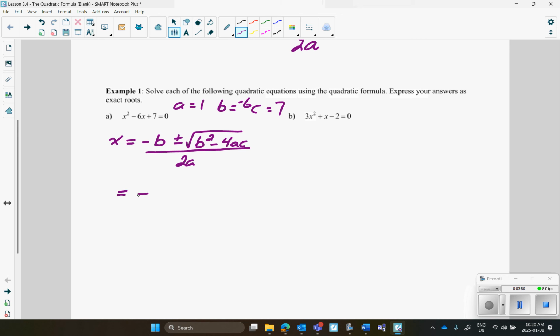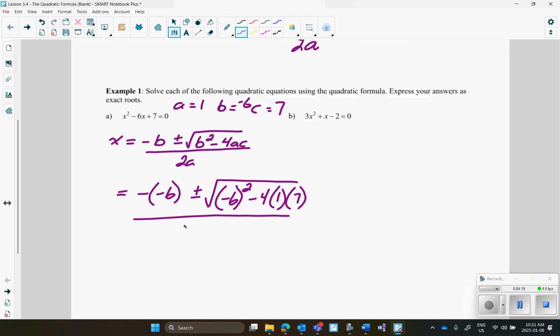So remember, negative b, b is negative 6, so it's going to be negative negative 6, plus or minus the square root of, and we need parentheses here because it's negative, negative 6 all squared, minus 4 times the value of a, which is 1, times the value of c, which is 7, divided by 2 times the value of a, which is 1.